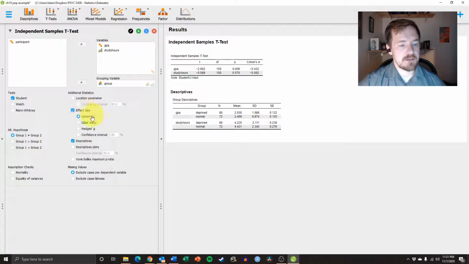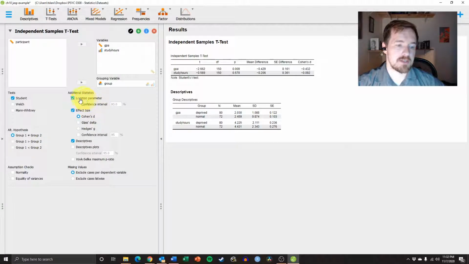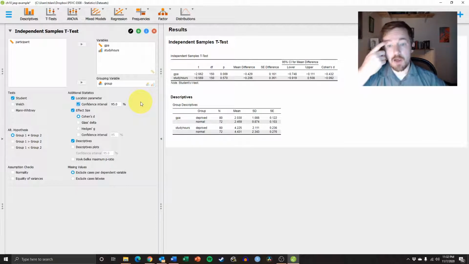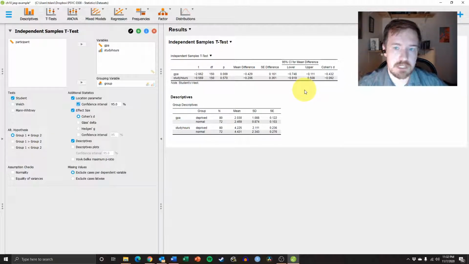Let's see, we can find the effect size, and we can specify what kind of effect size we want. I prefer Cohen's d. That's what I was raised on, so I'm going to go with Cohen's d. And if we want to, we can also specify the confidence intervals and the parameters around that. So I got the confidence interval here, and just a reminder that if 0 is included in that confidence interval, then you cannot reject the null hypothesis.